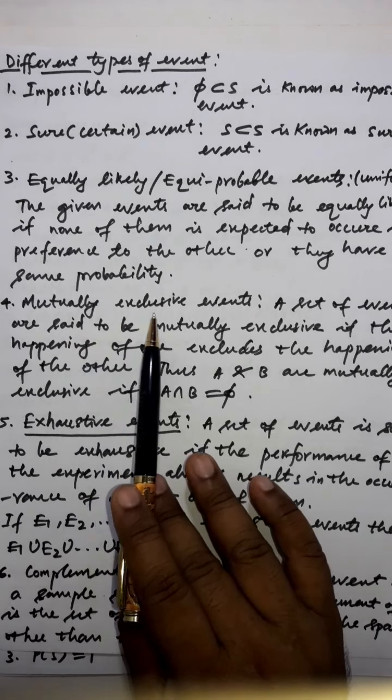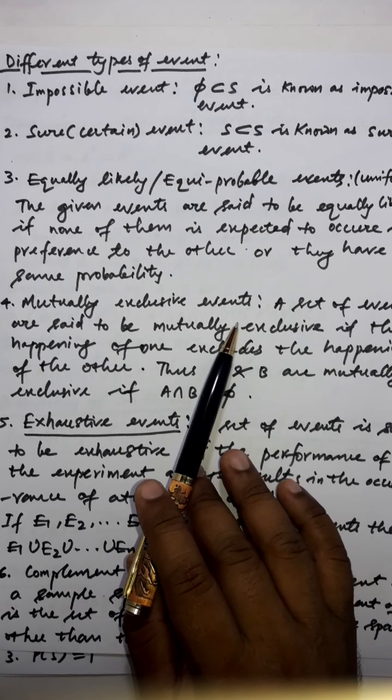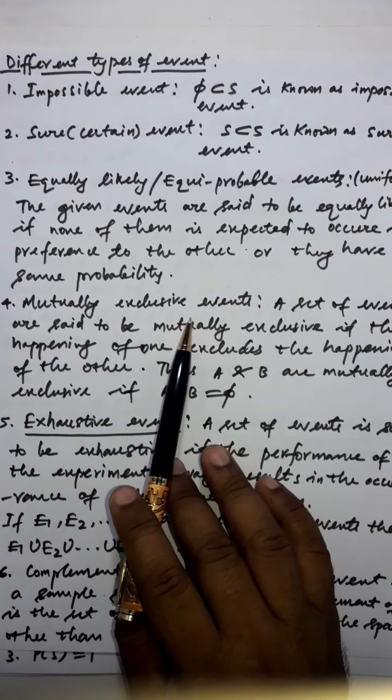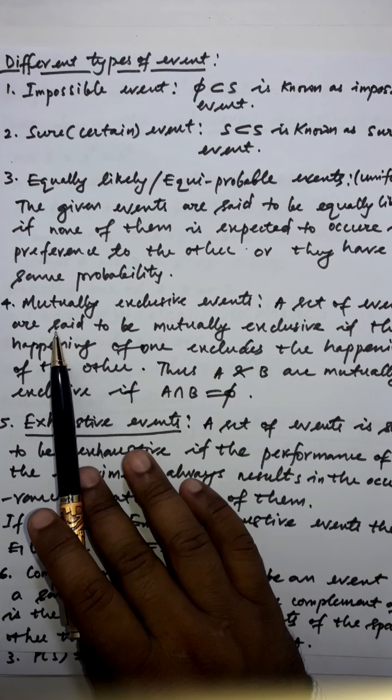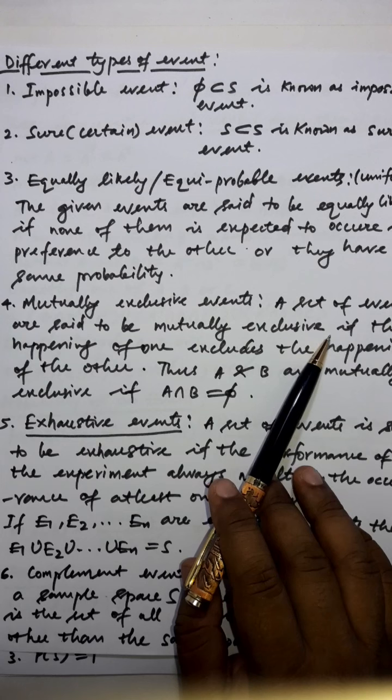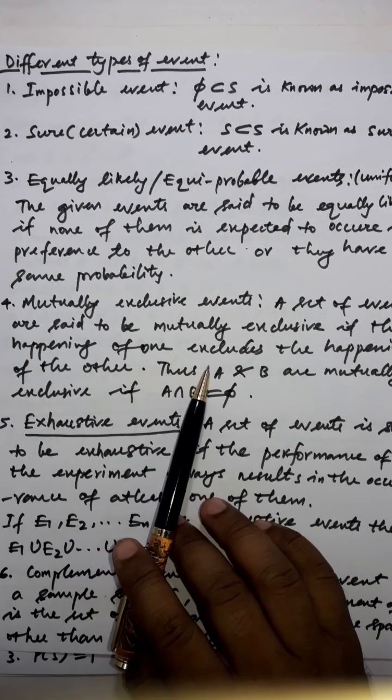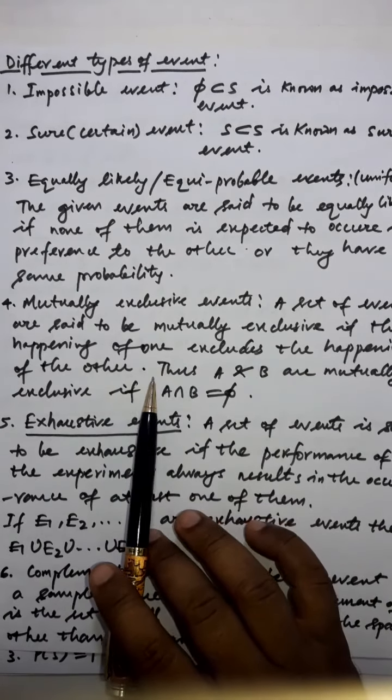Now the fourth type of events is mutually exclusive events. So what are mutually exclusive events? A set of events are said to be mutually exclusive if the happening of one excludes the happening of the other.